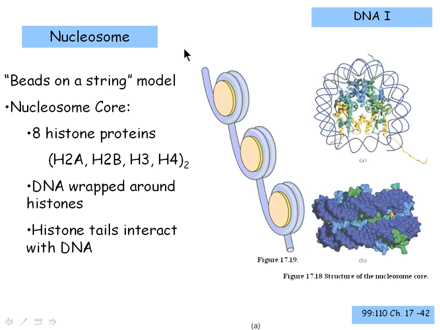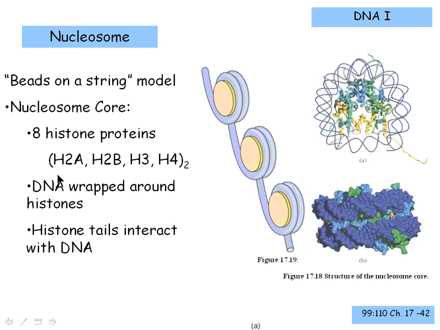Nucleosomes can also be called the beads on a string model. That's because I'm sure it's easy to see that it's kind of like beads on a string. So the nucleosome core consists of, again, the 8 histone proteins and the DNA. The 8 histone proteins are 2 copies each of H2A, H2B, H3, and H4.